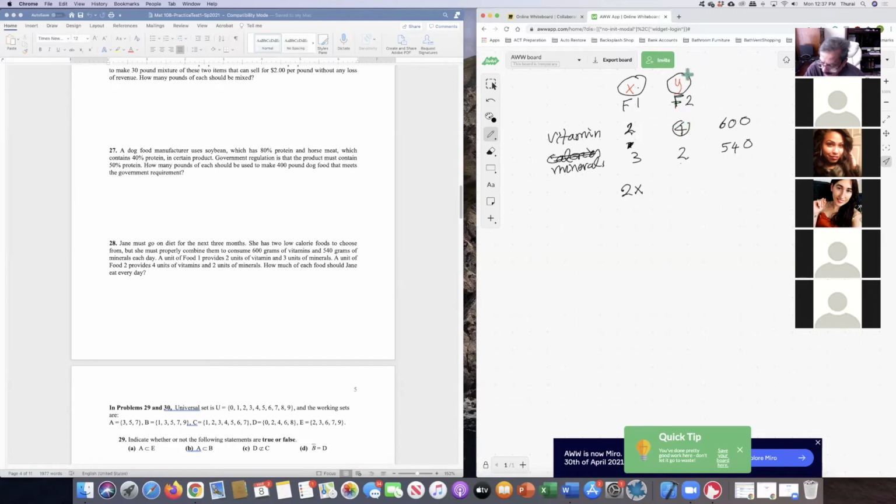And from Y pounds, I get 4Y vitamins. So 4Y. And if I add them, that's total vitamins. So first calculate total vitamins you're getting from the food amount X and Y. And it must be equal to 600. And similarly, minerals you end up getting would be 3x plus 2y, and that should be equal to 540.